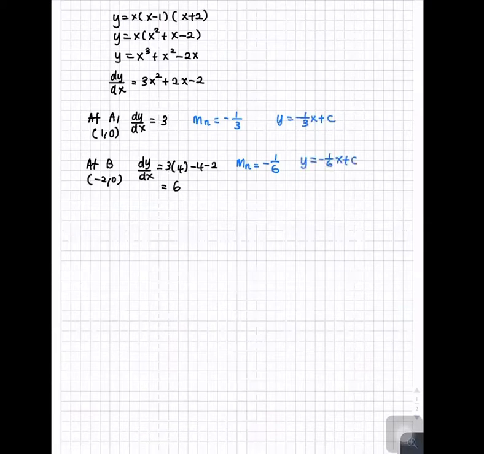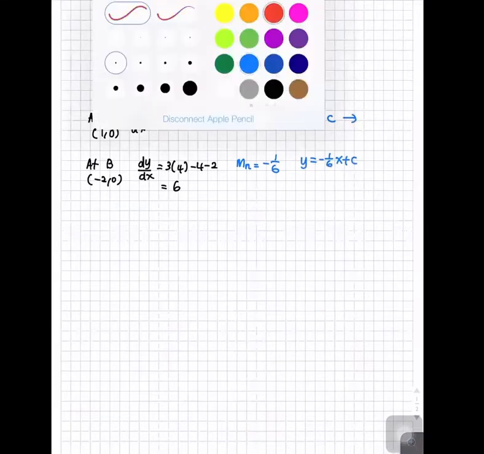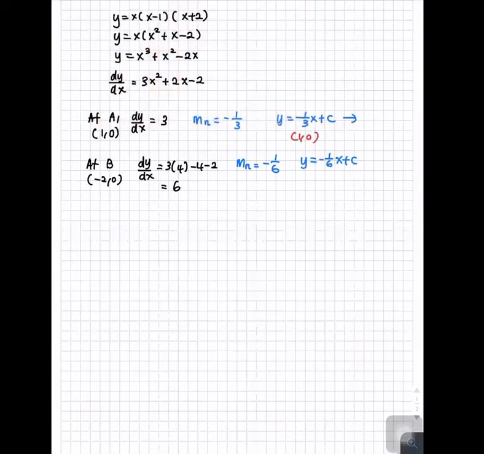Then we substitute in order to get the c. What do I substitute? I substitute 1, 0. Okay, we got both the equations of normal now.